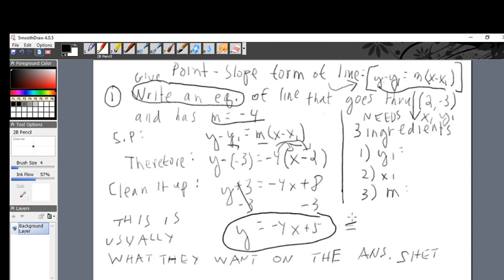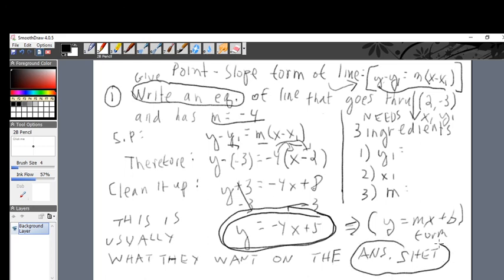This is in y equals mx plus b form. Okay, that is our first example for point slope form of the line.